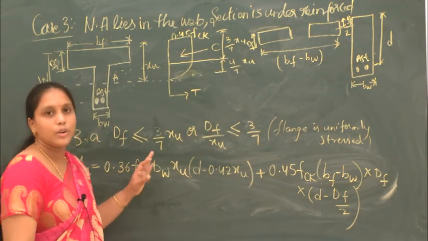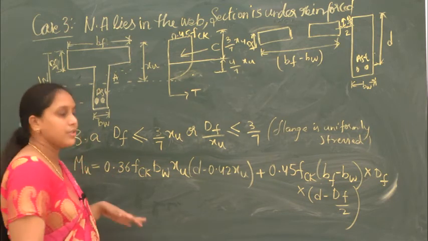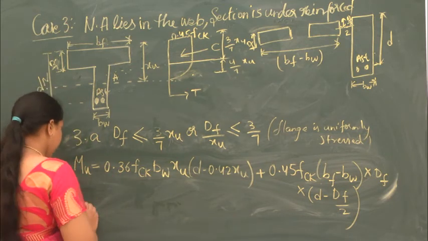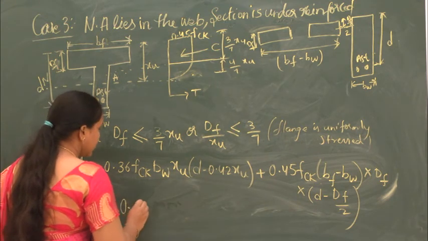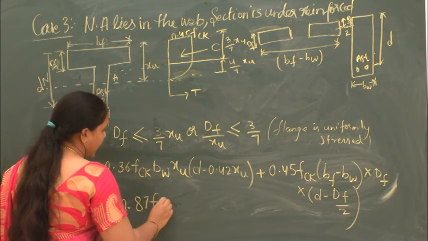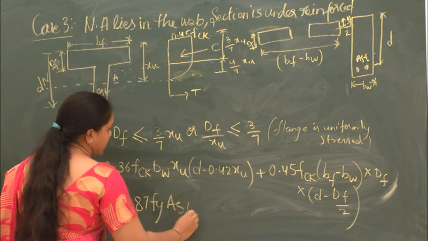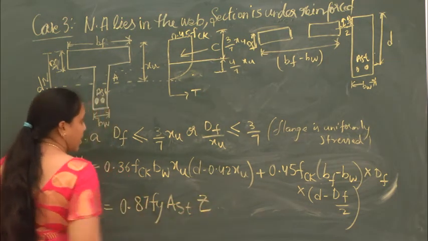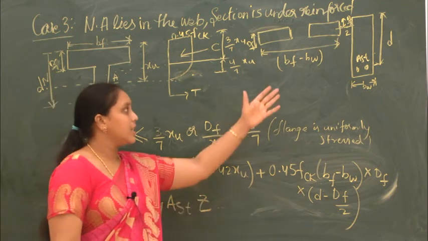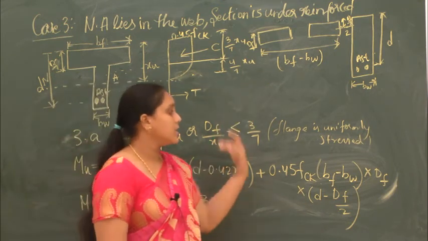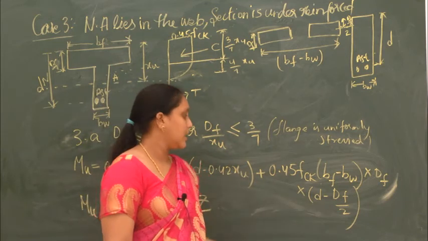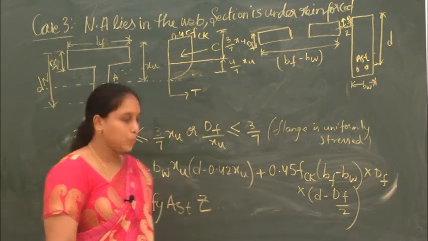So this is how we are going to calculate the moment of resistance with respect to concrete, and in a similar way you are going to calculate the moment of resistance with respect to steel as 0.87 Fy into AST into Z, that is the lever arm. So the lever arm here, for that it is going to be d minus 0.42 XU, and for this it is going to be d minus dF by 2.